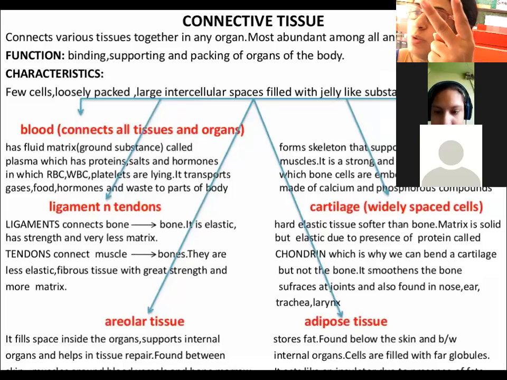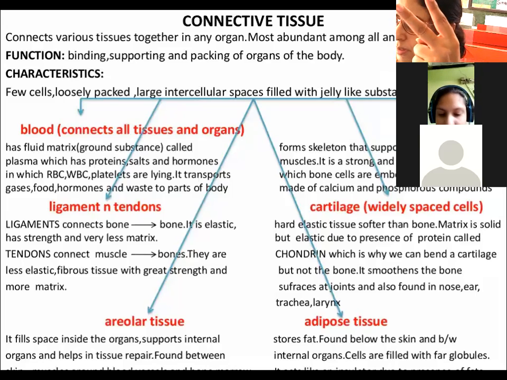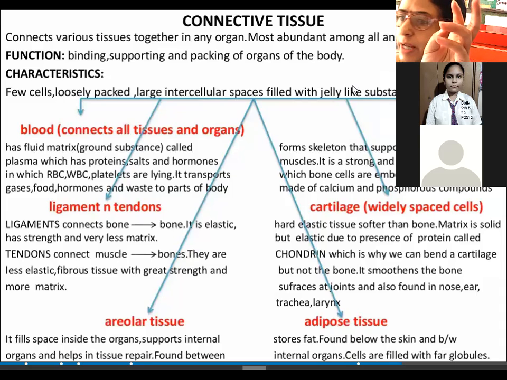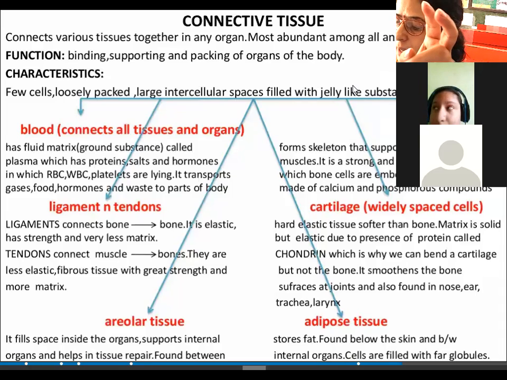Oxygenated blood flows through the artery. Deoxygenated blood, the one where carbon dioxide is present, flows through the vein, and the capillary is able to take up both types of blood.